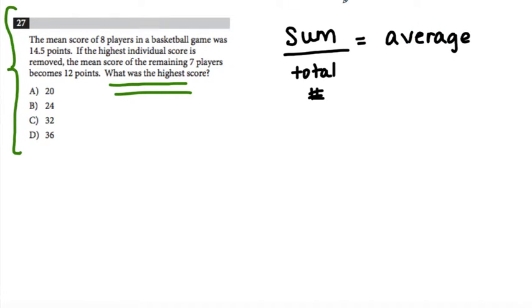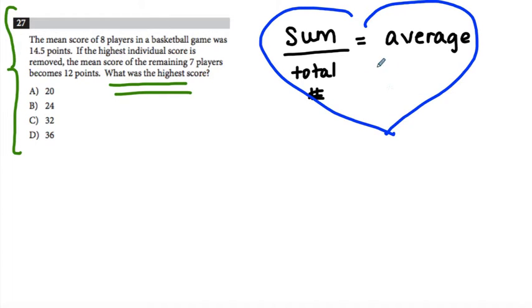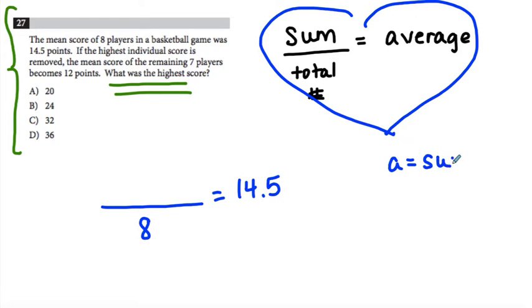That idea right there, I love. There's my heart. I love it. So I know that for these 8 players, their average is 14.5. So I have some of this information. I have the total number of players was 8, and I have the average. What I don't have is the sum. So I decided to let A equal the sum.